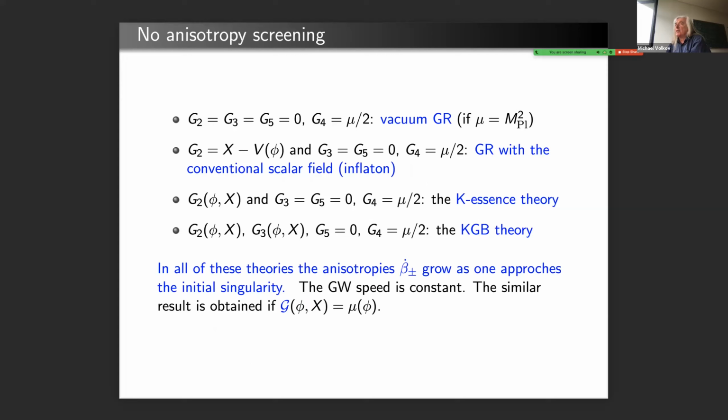In all these standard theories, the anisotropies grow near the singularity, and in all these theories, the gravitational wave speed is constant and equal to 1. So nothing interesting for us.